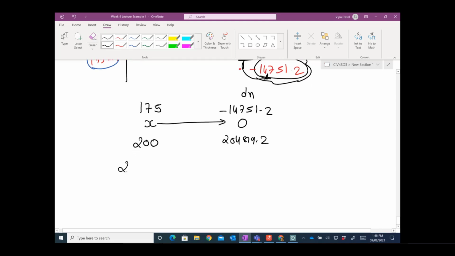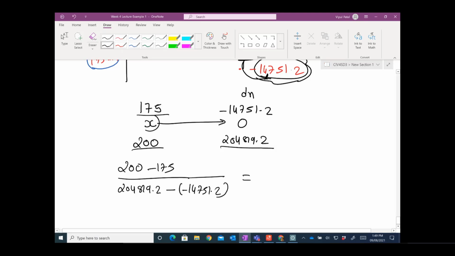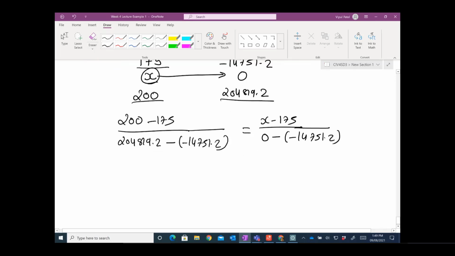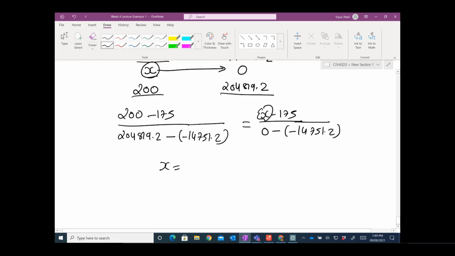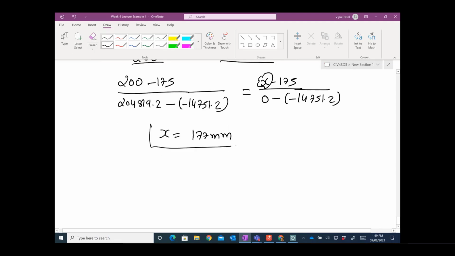So we can just quickly do it. 200 take away 175 over 204,819.2 take away minus 14751.2 is equal to x take away 175 over 0 take away minus 14751.2. If you calculate this x value, you get the dn value, which is 177 millimeters. Right, so it's almost there.